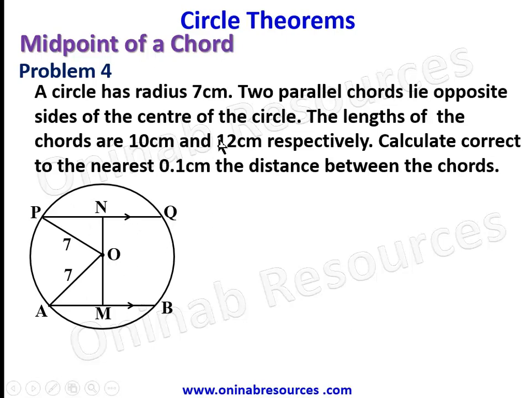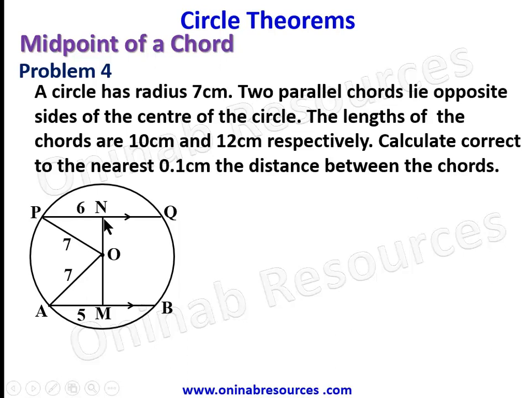We are told that the lengths of the chords are 10 centimeters and 12. Since M is the midpoint, we get AM by dividing 10 by 2, which gives 5. And here, PN is 12 divided by 2, which gives 6.